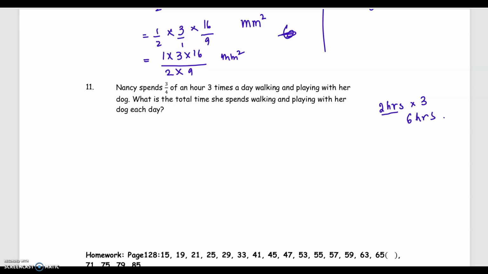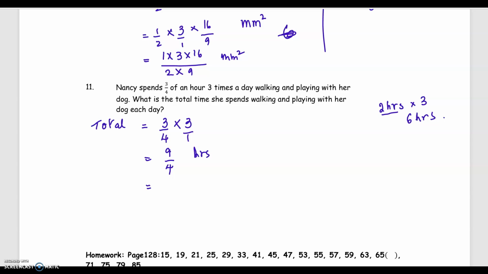Now in this case, the total time that she spends is 3/4 of an hour multiplied by 3, because she does this 3 times in a day. So it gets multiplied, and I have 3 times 3 is 9/4, because nothing cancels, hours.